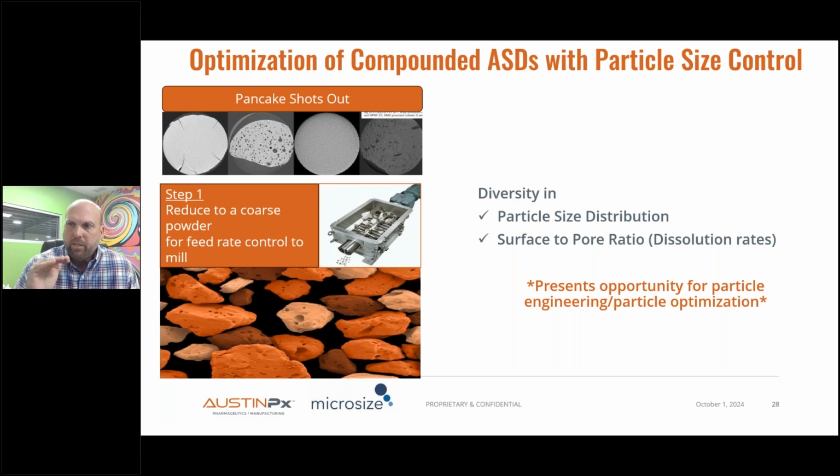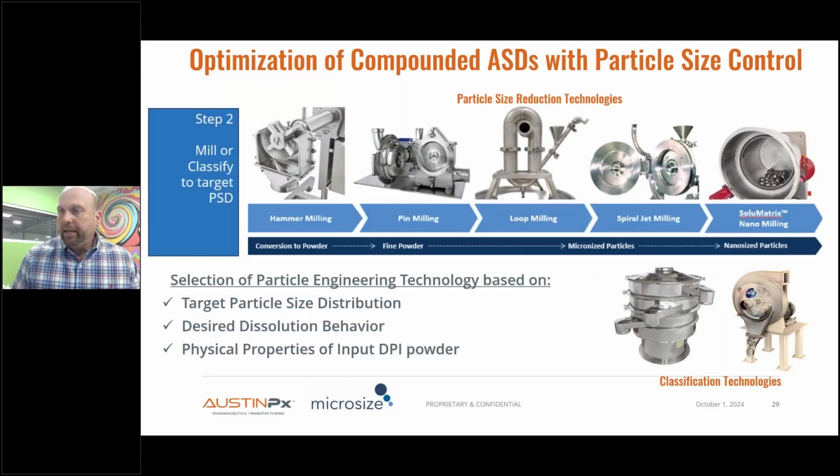There's dissolution coming from the surface of the particle, but also a tremendous amount of pore volume that acts differently than the surface in terms of surface area and dissolution. So getting that ratio of surface to pore volume dissolution optimized is another opportunity for adding additional particle engineering. So with that, that coarse milling has opportunities for further particle size engineering and control.